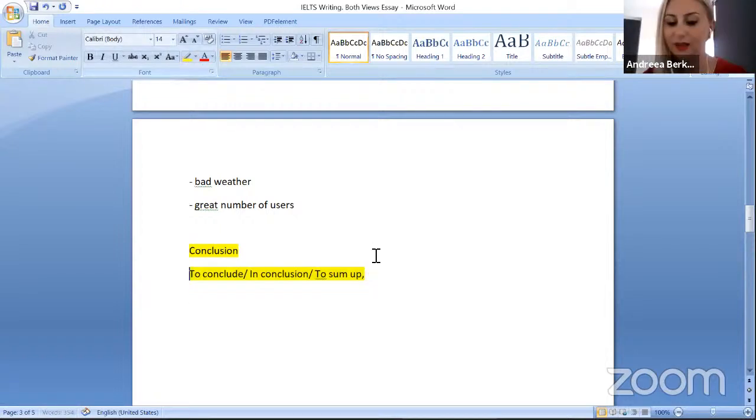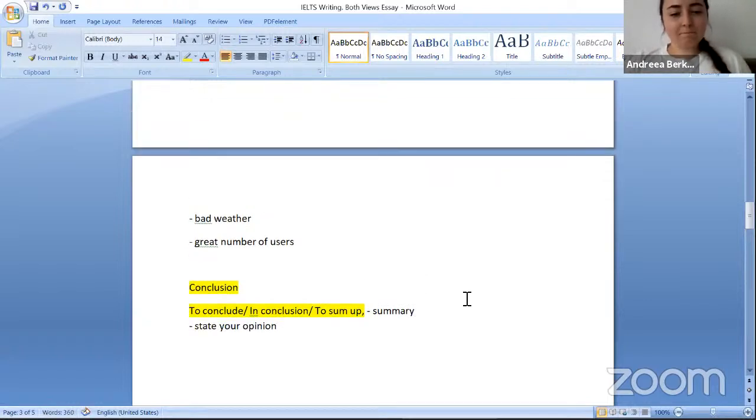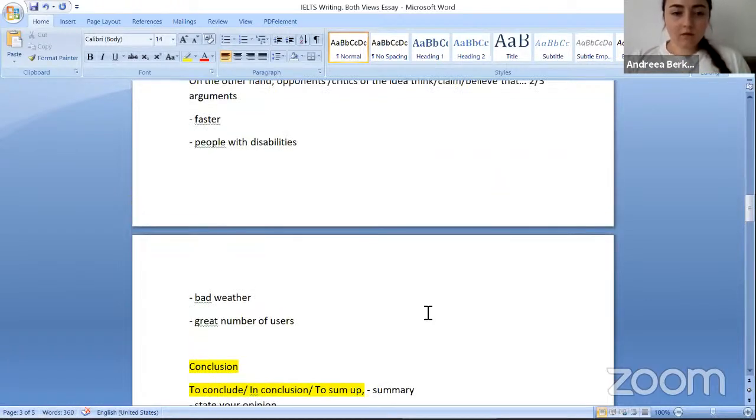To send a signal that... And then we have the summary and state your opinion. How do we summarize the ideas?